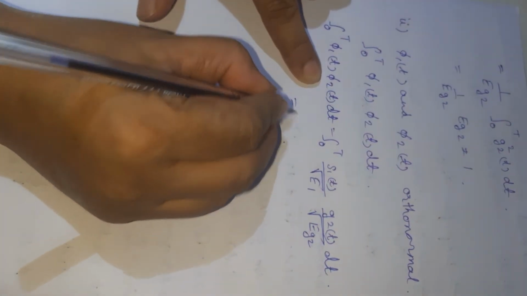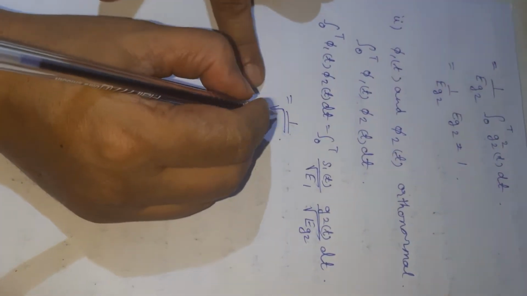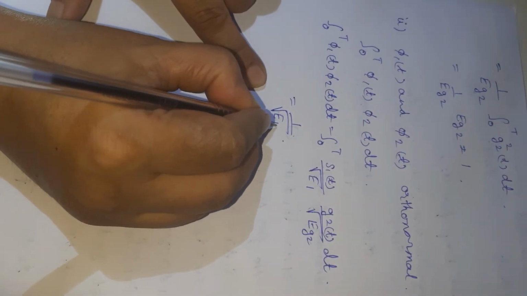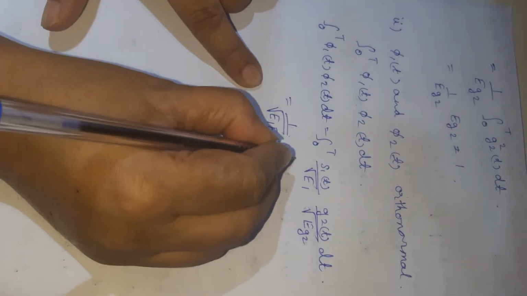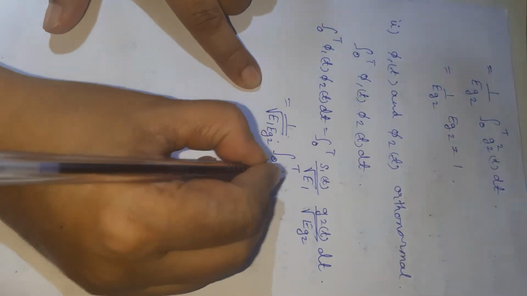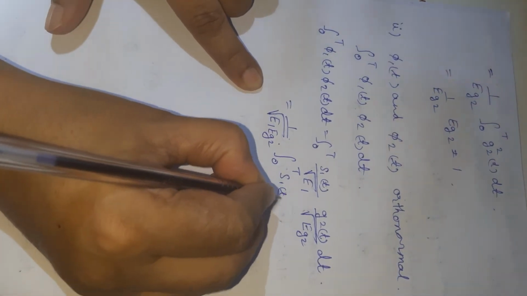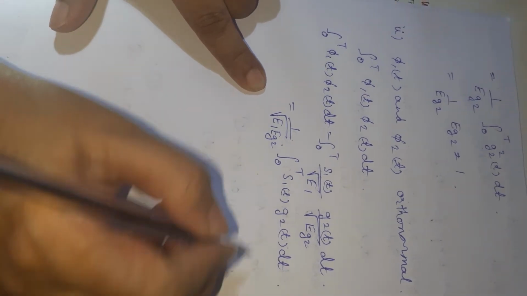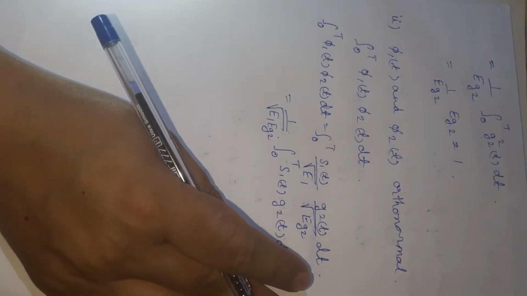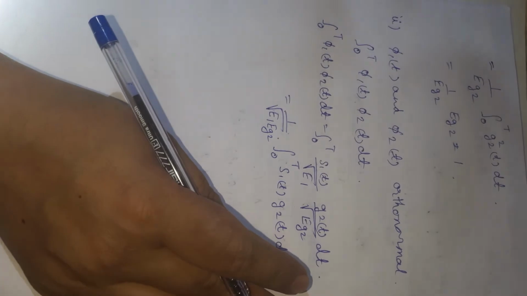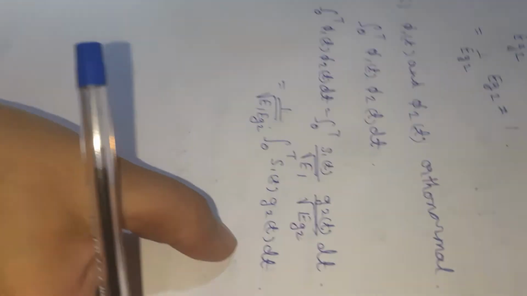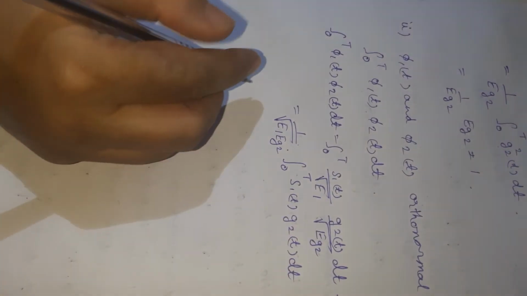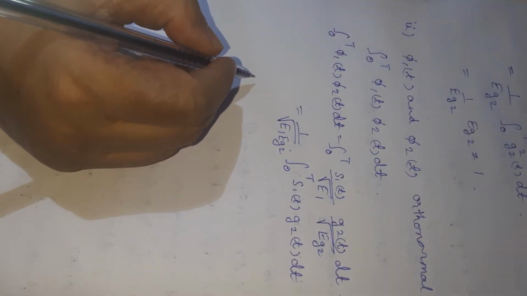This can be written as 1 over root E1 Eg2, taking it out, and the integration from 0 to T of s1 of t g2 of t dt. From the above equation, or before, equation number 5, we can write it. I'll just write the fifth equation.